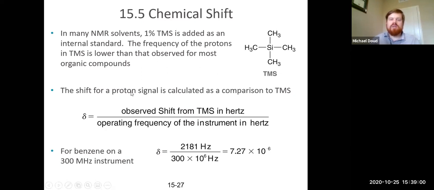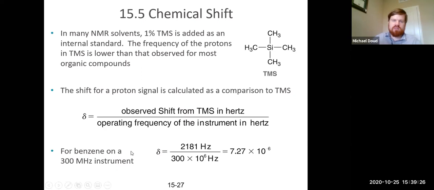In particular, we look at the difference between the chemical shift of the proton we're looking at and tetramethylsilane, or TMS. You can see here, this is a silicon in the middle, and then 4 methyl groups around it. This gives a characteristic signal, and this characteristic signal we're going to call basically the zero.